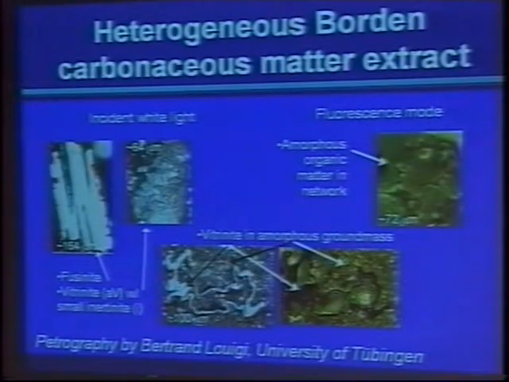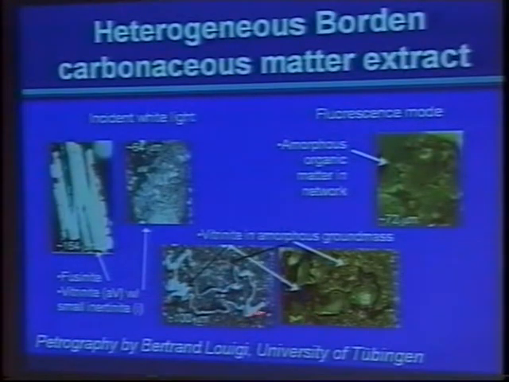And so what we find here is that there are various constituents of what we might call hard carbonaceous matter, such as this shiny material here, the shiny spots here, and the shiny material here. And on the right side, what we're seeing is something that I'm going to classify for the moment as soft organic matter, and it's the material that fluoresces in the fluorescence mode.